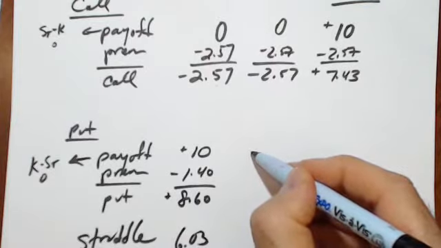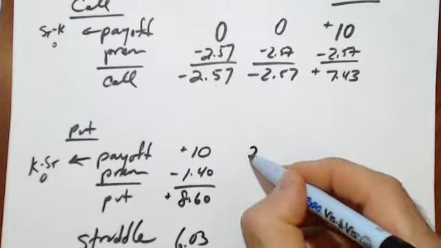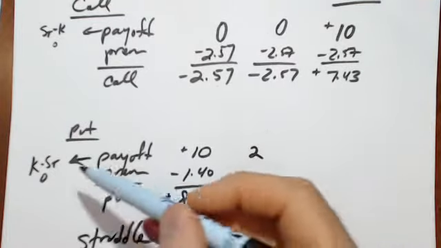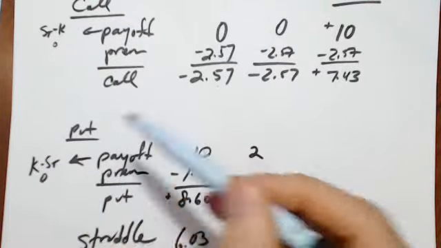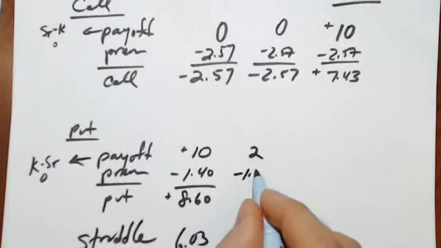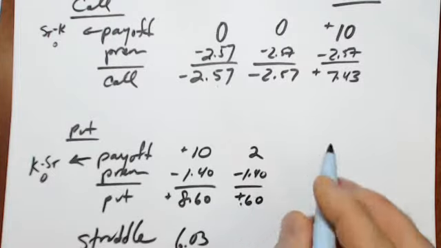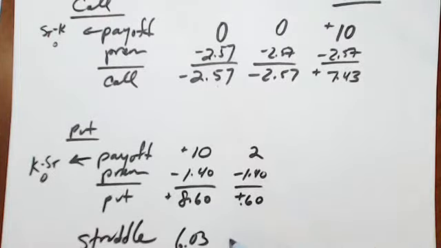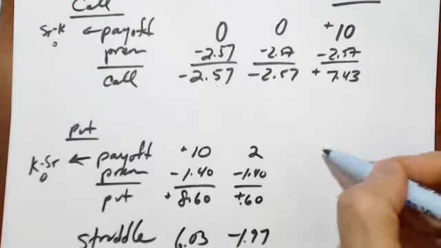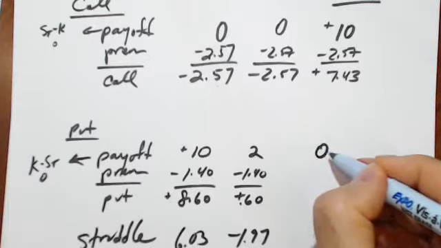Now, at $18, we make $2 on the put, because 20 minus 18 is 2. We paid $1.40, and so we made 60 cents here. Overall, we lost $1.97 on the straddle. And then here, the option's out of the money.